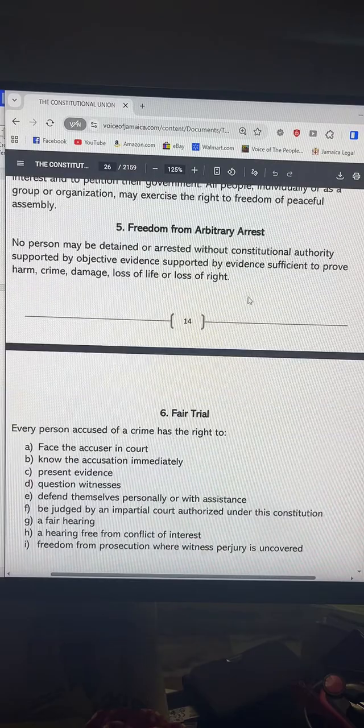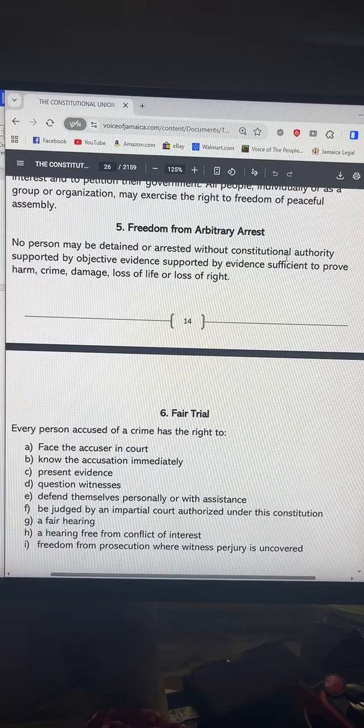Freedom from arbitrary arrest. No person may be detained or arrested without constitutional authority, supported by objective evidence, evidence sufficient to prove harm, crime, damage, loss of life, or loss of right.